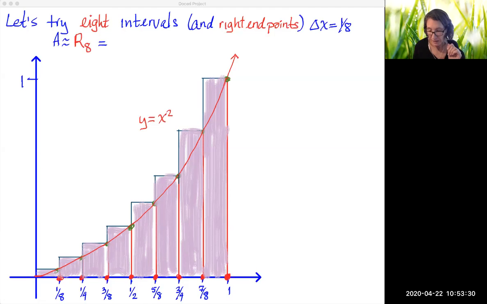R8 is going to be the first rectangle area, the width 1/8 times the height, which is 1/8 squared. That's the y-coordinate of that point on the curve, squared. The second rectangle, the area is going to be width 1/8 times 1/4 squared. I'm going to do that with all 8 of those rectangles. So width 1/8 times the y-coordinate squared.